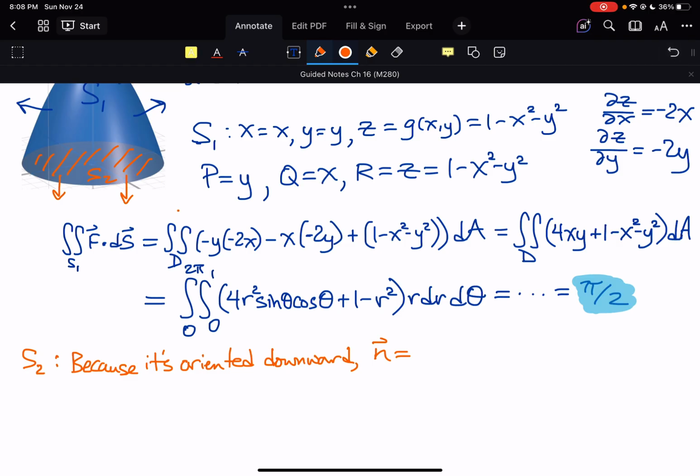If it was pointed straight up, the unit vector in the positive z direction would be k. But in this case, it would just be negative k, or the vector 0, 0, negative 1.